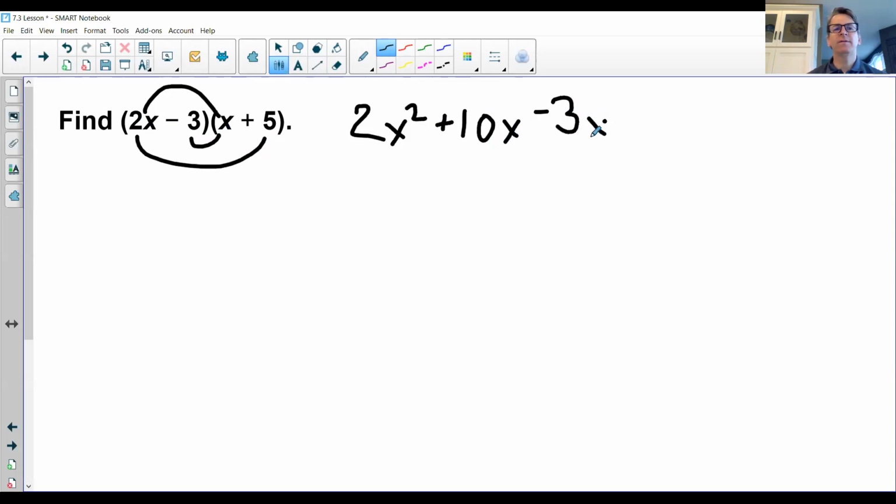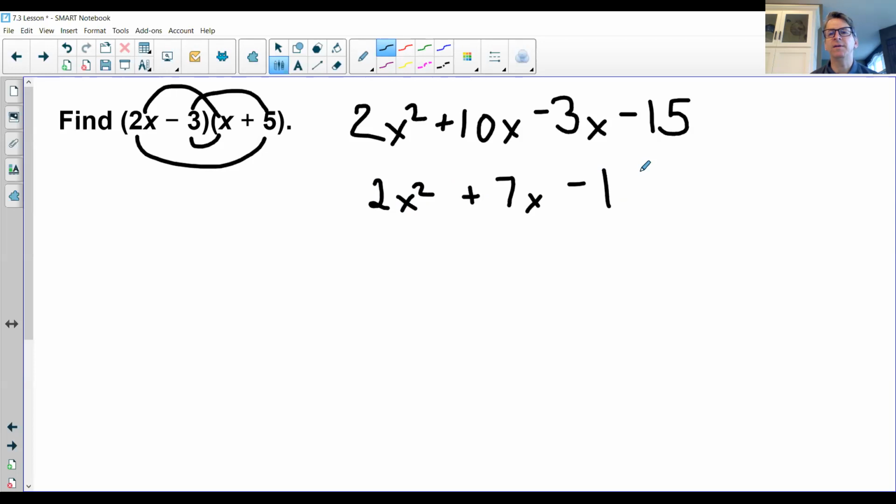And last, -3 times the 5, which is -15. Okay, so now we have 2x squared plus 10x minus 3x minus 15, and we combine like terms in the middle. So 2x squared plus 7x minus 15.